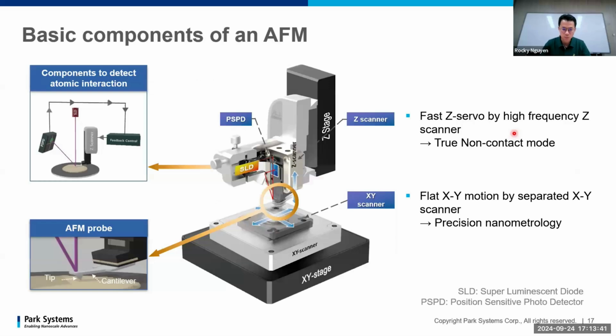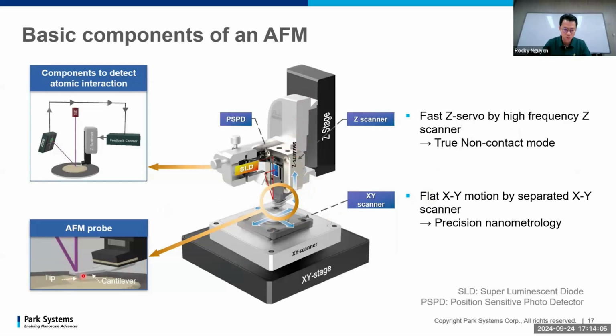So let me explain a little bit about some basic components of an AFM instrument. We have the X and Y scanner that moves the sample in the X and Y direction. And in the vertical direction, we have the Z scanner. This one will control the tip and sample distance during measurement, and also it controls the atomic force interaction.